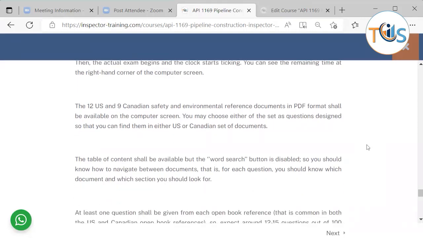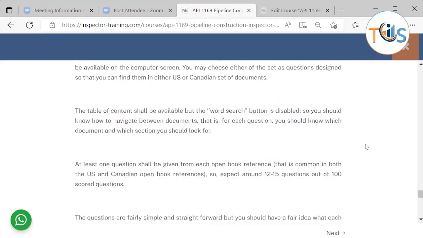The 12 US and 9 Canadian safety and environment reference documents in PDF format will be available. You can choose either of them to answer the open book questions. The word search is disabled, but you can see the table of contents there.